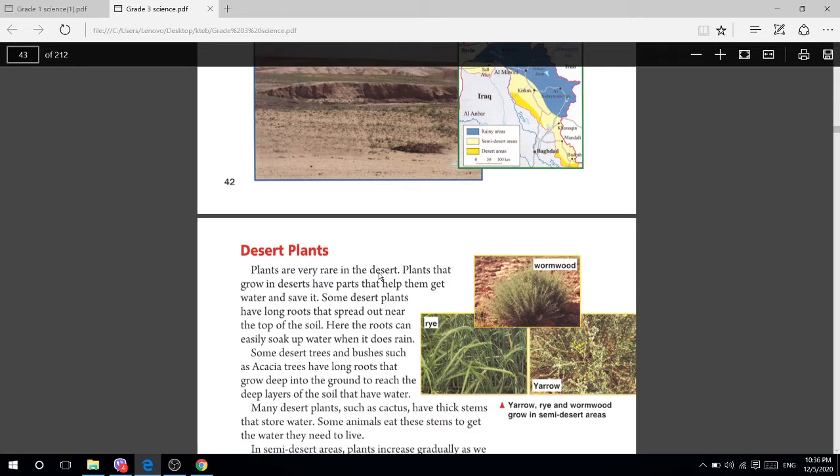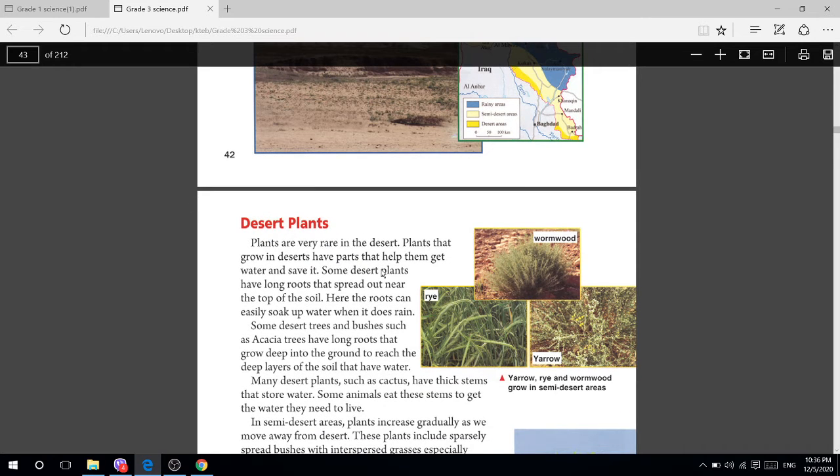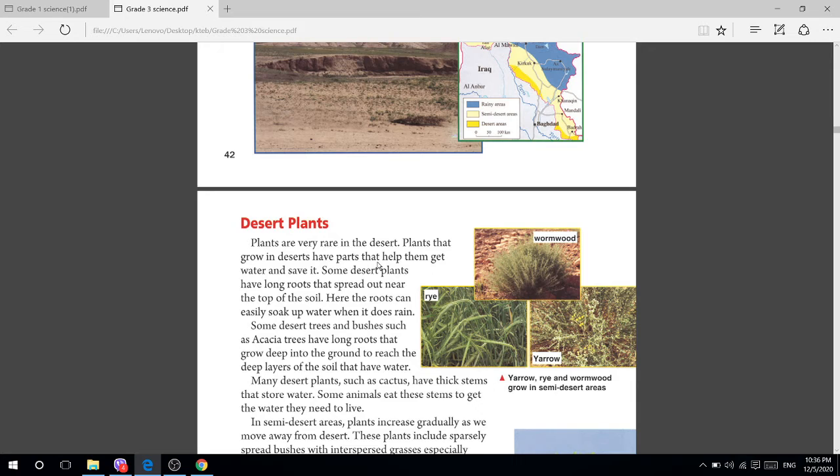Desert plants. What do we have in the desert, what are the characteristics of the plants, and how do they get water in the desert? Plants are very rare in the desert. We do not have many plants.